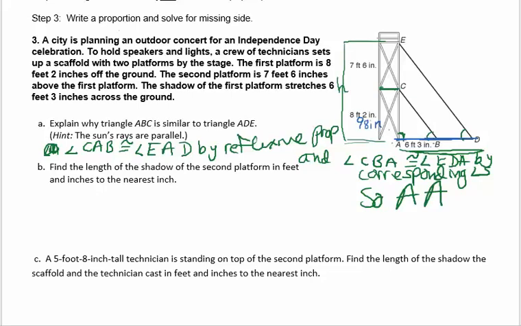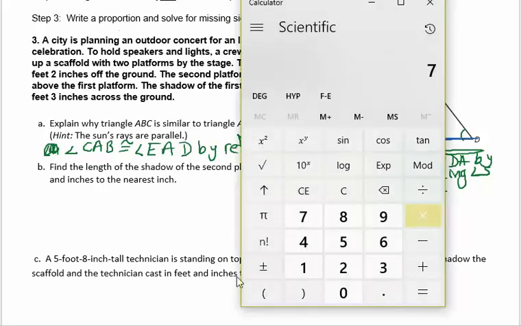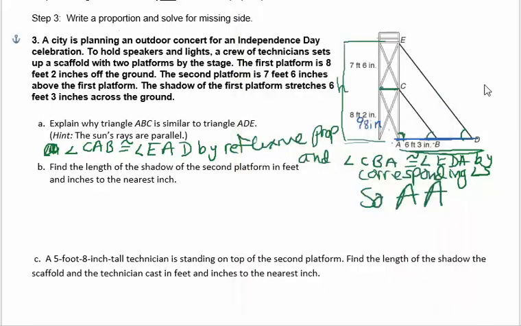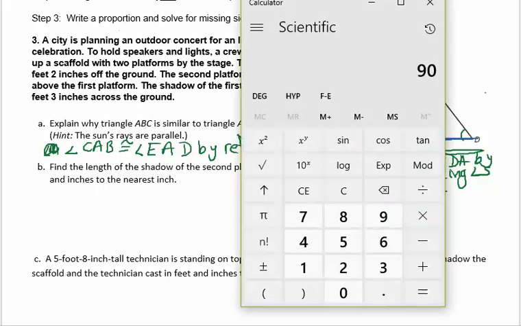And 7 feet 6 inches, 7 times 12 is 84, plus 6 is 90 inches. And then we have 6 feet 3 inches. I have to change that as well.